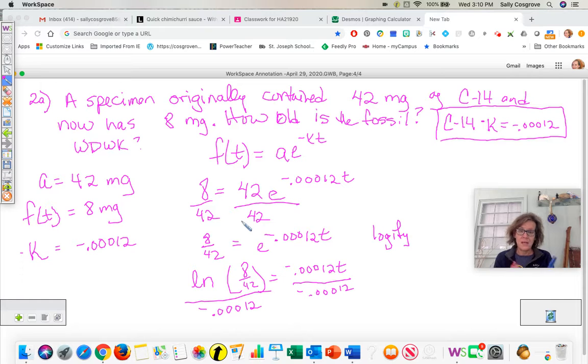So now it's calculator time. So just get out your calculator and just say the natural log of 8 divided by 42 and close the parentheses, just like that, okay? And then what? You can hit enter if you want, and you got that big old long irrational number. And now you're going to say divided by negative 0.00012.